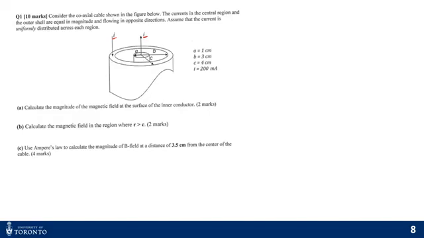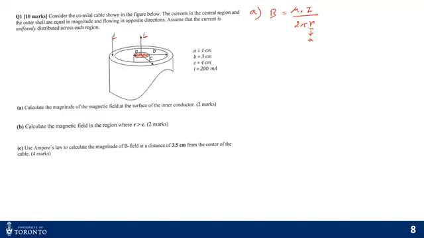So that means you have to take the total current that's flowing in this region, right? Which is basically the current I. All right. Now for part A, we are gonna use the magnetic field formula from Ampere's law, which is this one, and in this case, our R is basically A, because we have to find out the magnetic field at the surface of the inner conductor.